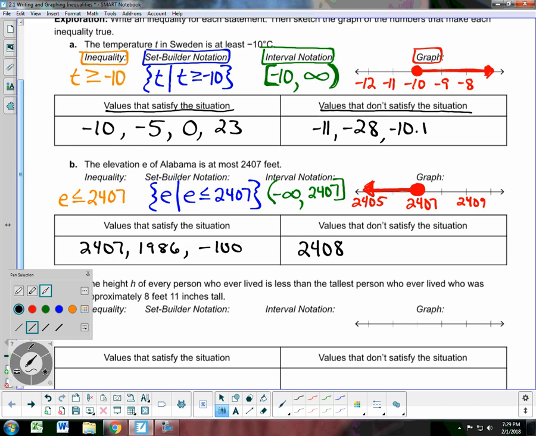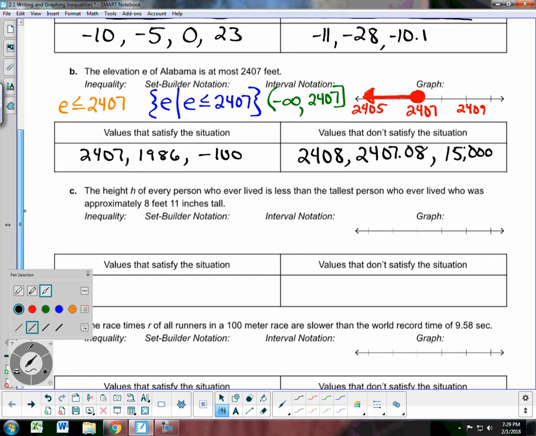That would be too tall for Alabama, too high up. Also, if we want to be more particular, 2,407.08 is still above 2,407, so that's too much. Also, you can go ridiculous and say 15,000, that's too big too. So those are all values that do not satisfy the situation.